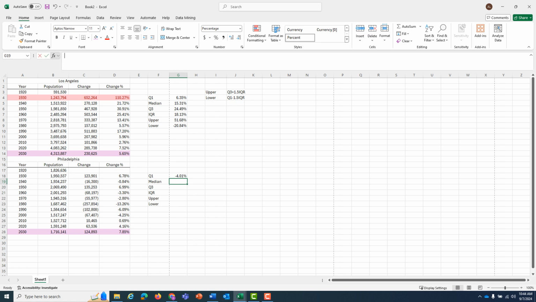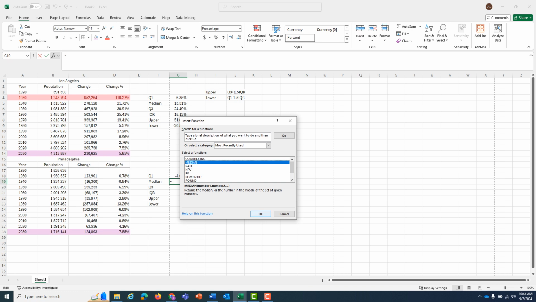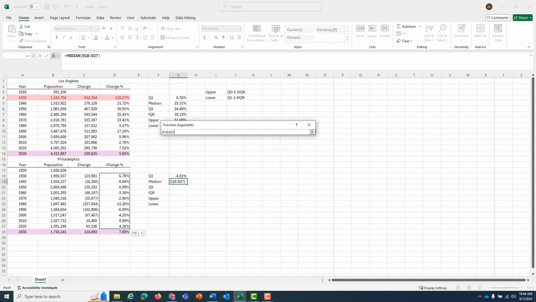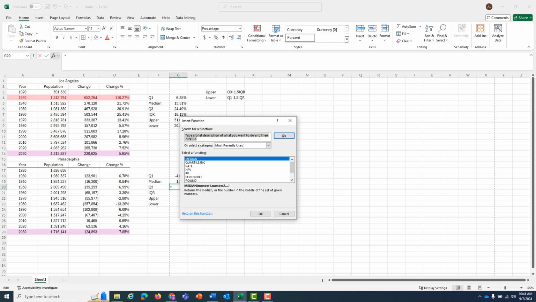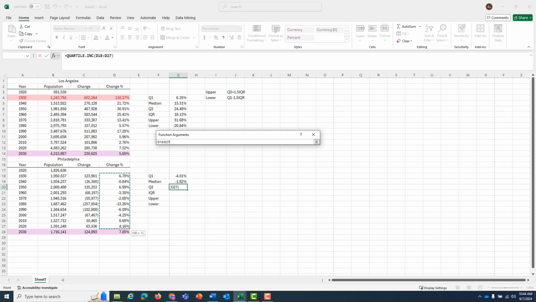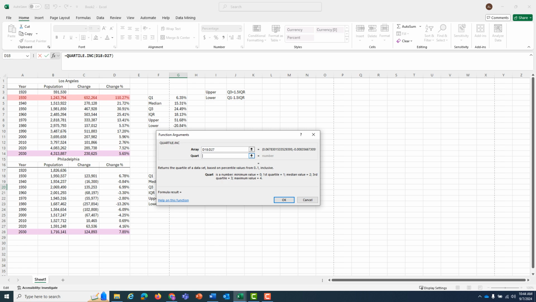For the median, I want the median function. Highlight all of my observed data points again, hit OK, and the median is a decline of 1.82% during that time frame. For the third quartile that we have here, I'm going to use the quartile inclusive function one more time. I'm going to hit OK, highlight that same set of information, and my quartile is 3.